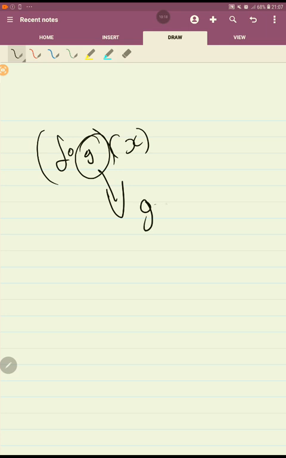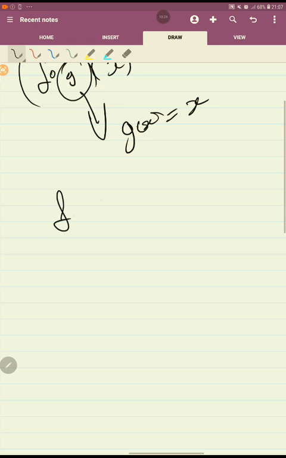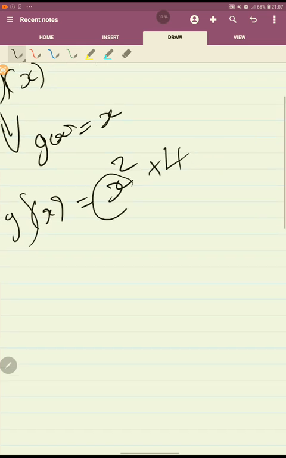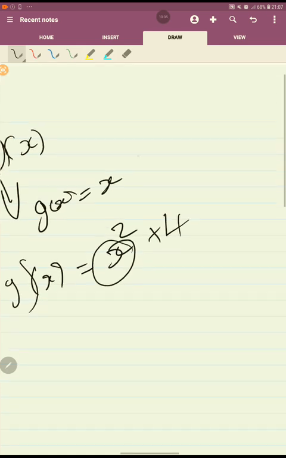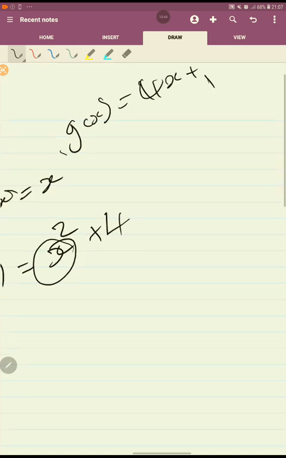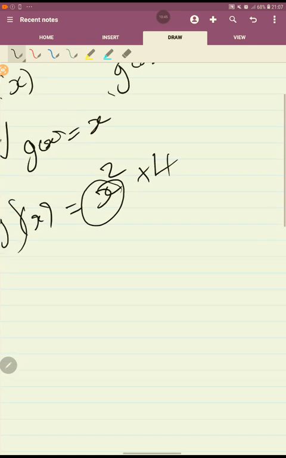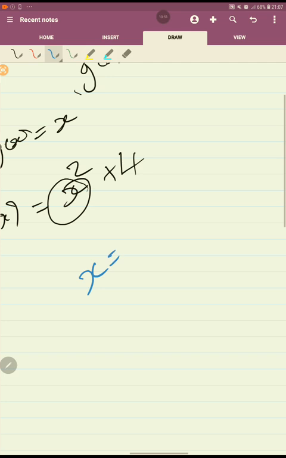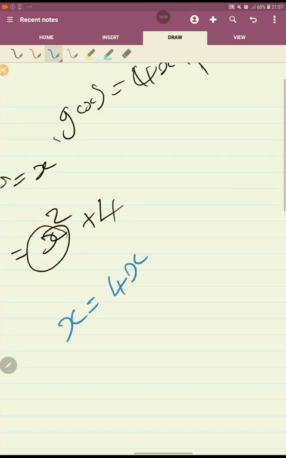Whatever you see in the equation, maybe x squared plus 4, and maybe they say g at x is equal to 4x plus 1, then x is equal to 4x plus 1.